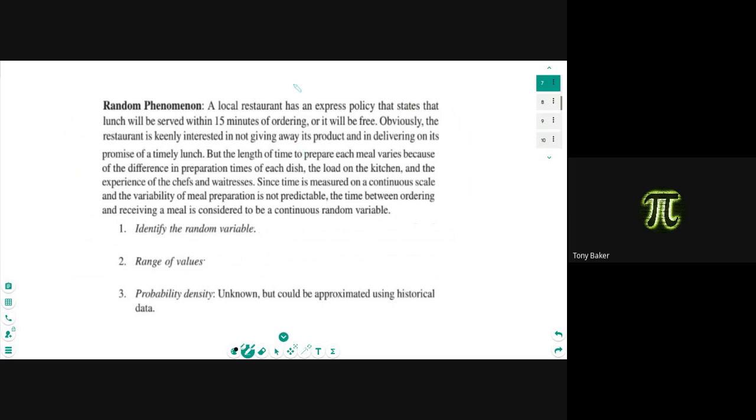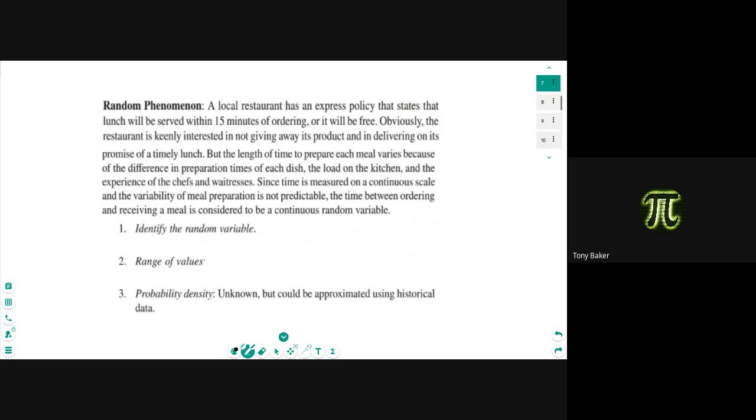All right, so a restaurant has expressed a policy that states lunch will be served within 15 minutes of ordering or it is free. So what is the random variable that I'm looking at? Yeah.